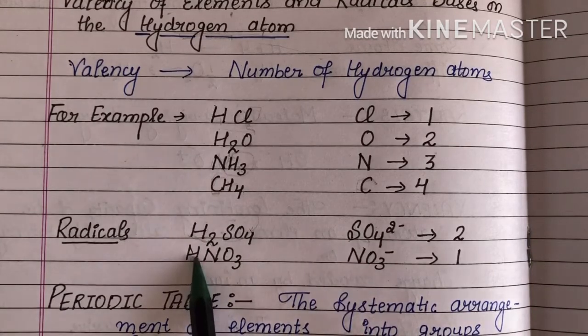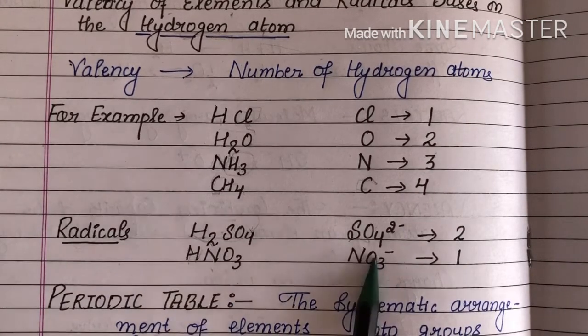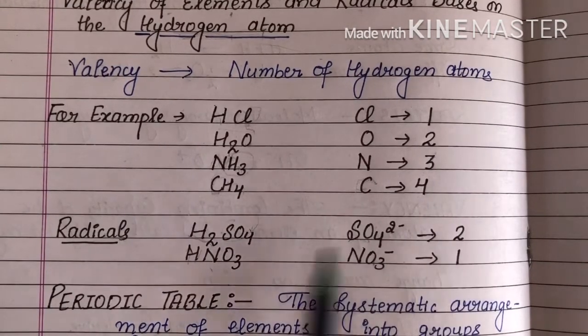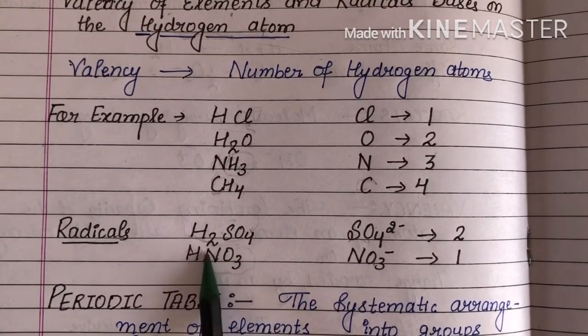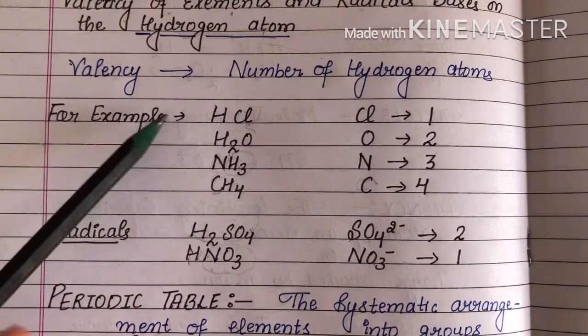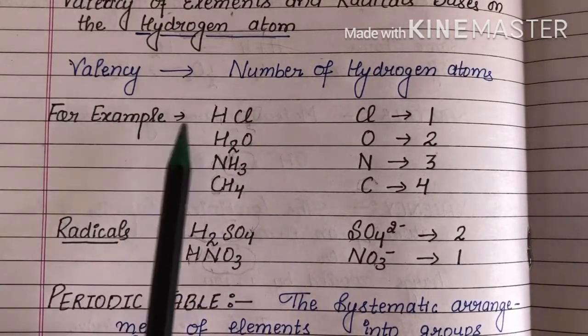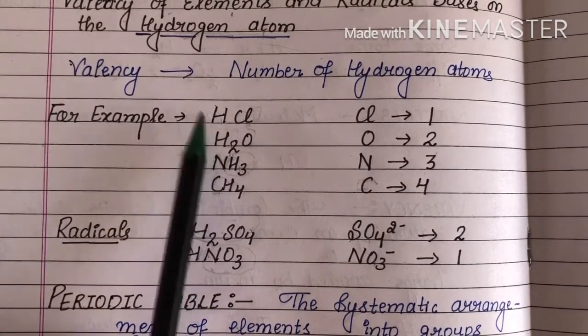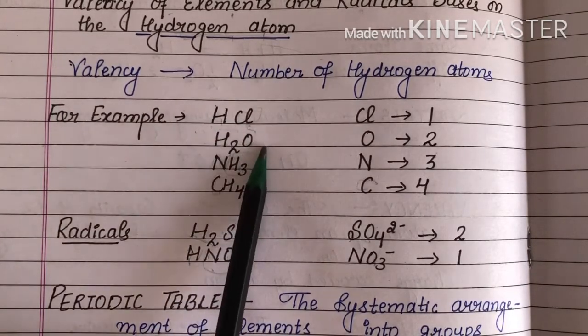Then in the case of nitric acid, the valency of nitrate ion is 1 because it combines with only 1 hydrogen atom. So here we conclude that the valency is equal to the number of hydrogen atoms present.